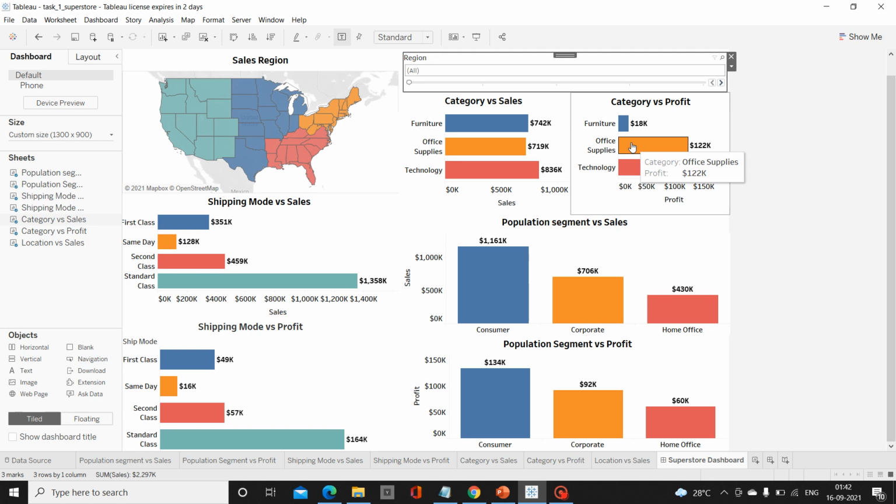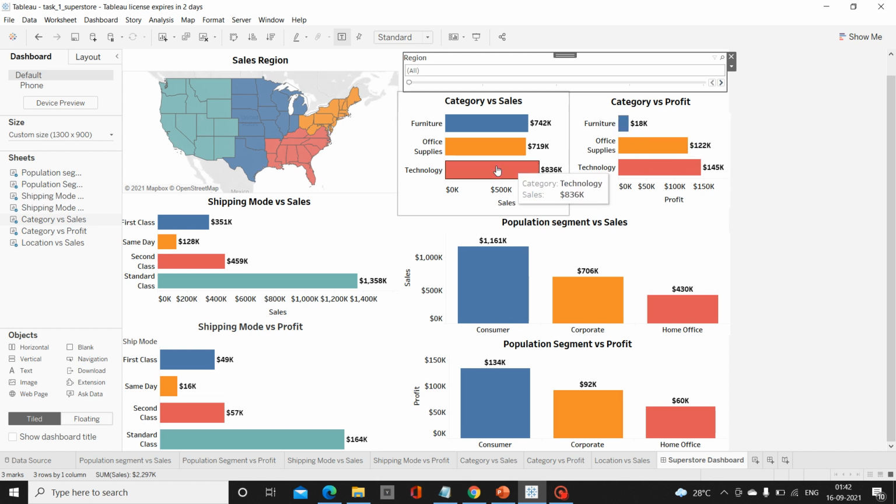So we have to find a way to reduce either the investment of capital in furniture, or we have to improve the sales of furniture category so that it would compensate and help us to improve the profit earned by the furniture category, helping us to improve the overall profit.